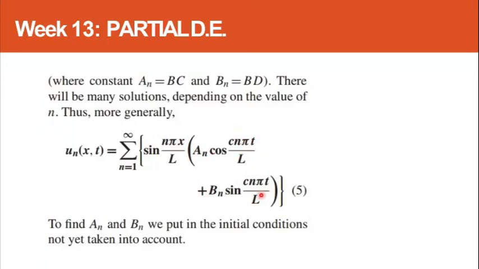If we expand this, we multiply it with a cosine cn pi t over L, and also with this, the b sub n sine cn pi t over L. So that can be one way. When we multiply, we have the sum rule and also the product rule. When these combine, we have a product rule.